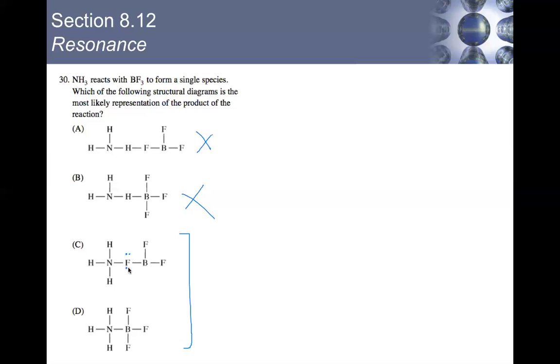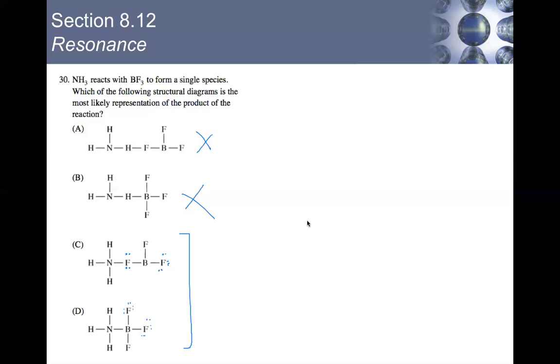This one was tricky because they don't put lone pairs on. I'm assuming, I haven't actually even solved this, I'm assuming they're supposed to be lone pairs on all these. I want you to assume that. And you could figure it out just from the formula. You could add up the total valence electrons, right?